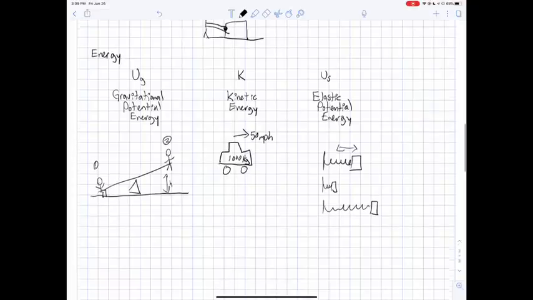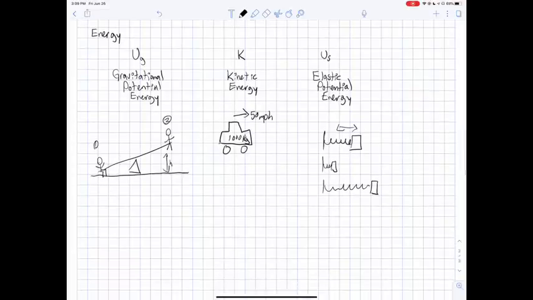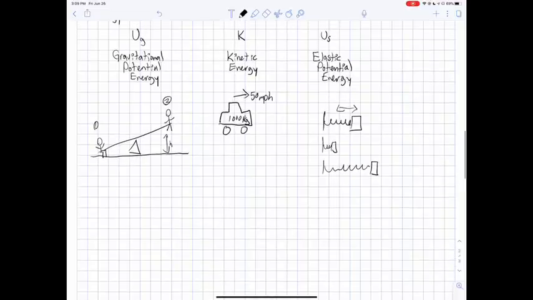Now, all three of these energies have their own equations that go with them. Again, we'll start off with gravitational potential energy. The equation that goes with gravitational potential energy is mgh, where m is the mass of the object as we've seen, h is the distance off the ground, and g is the acceleration due to gravity.